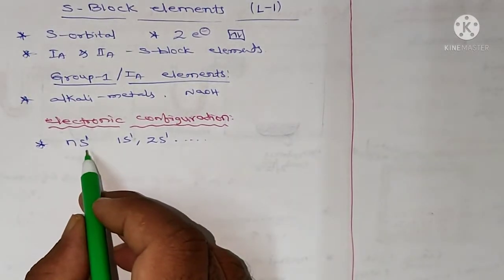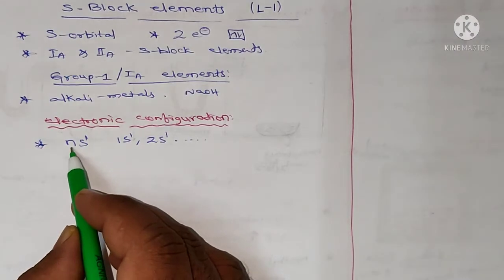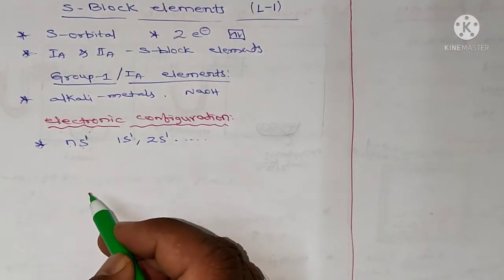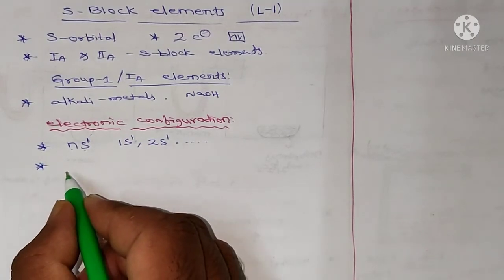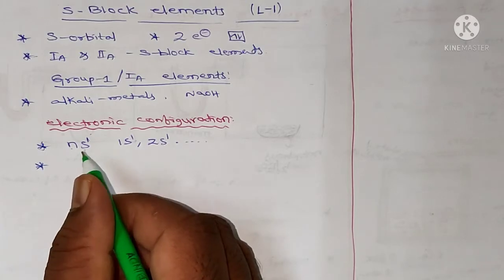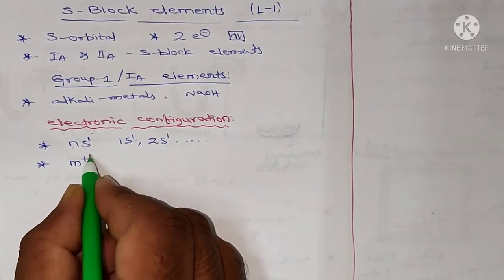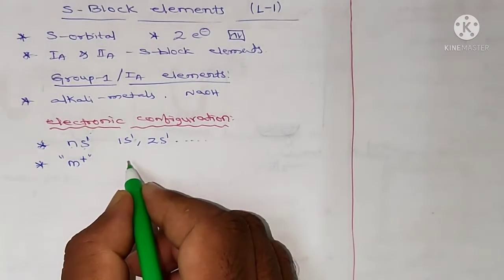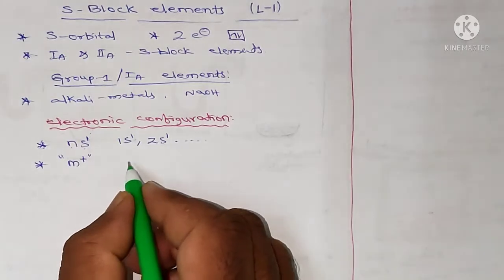All alkali metals can easily lose their one valence electron, then they form a monovalent ion, M+. So they are called the most electropositive metals.